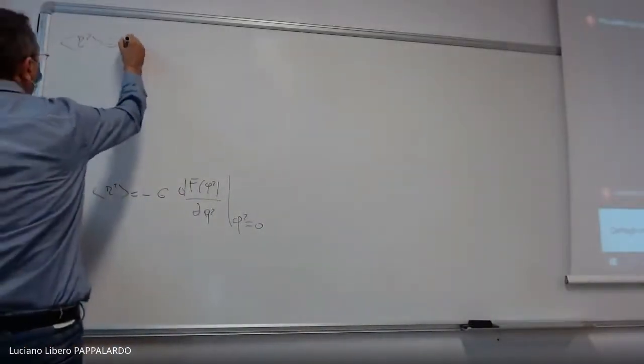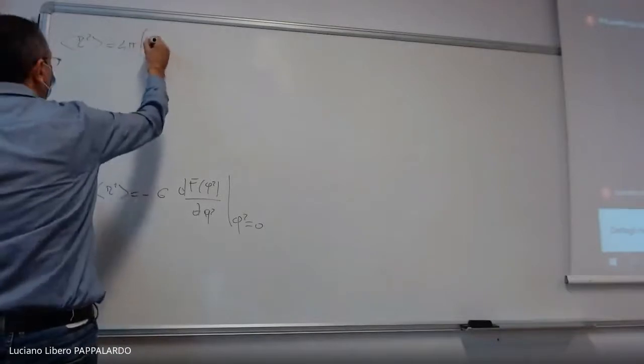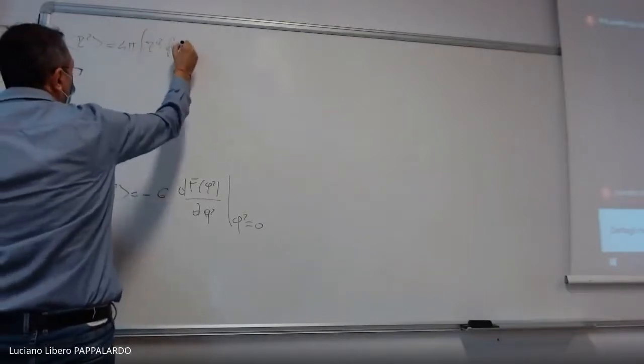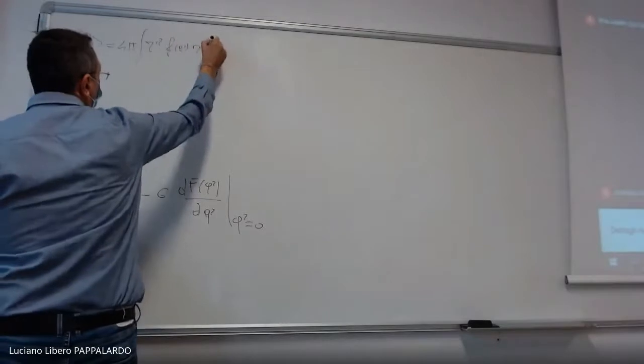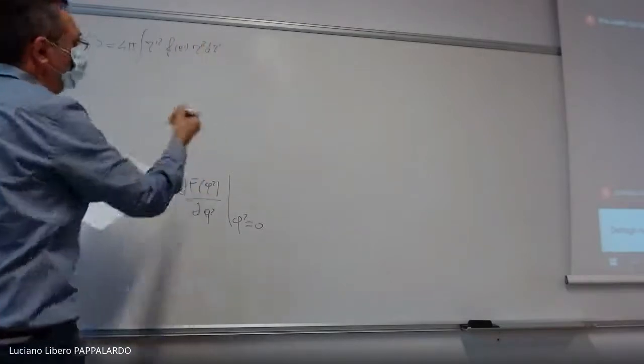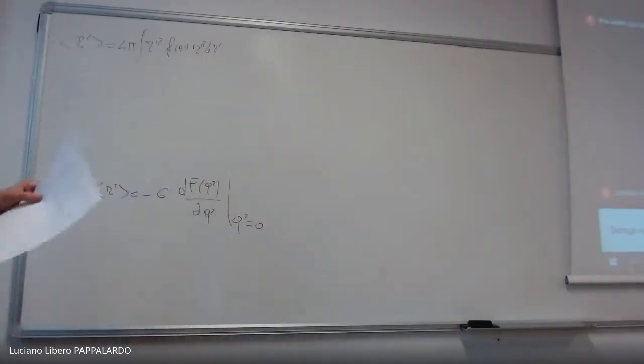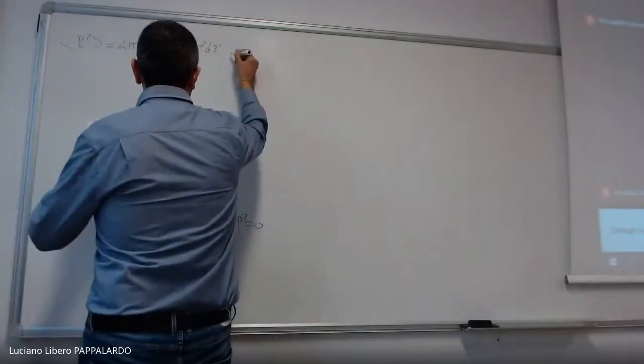So what you obtained was 4 pi, then the integral of r' squared f(r') squared dr'. So let's essentially make the inverse process. Let's go back in our derivation.